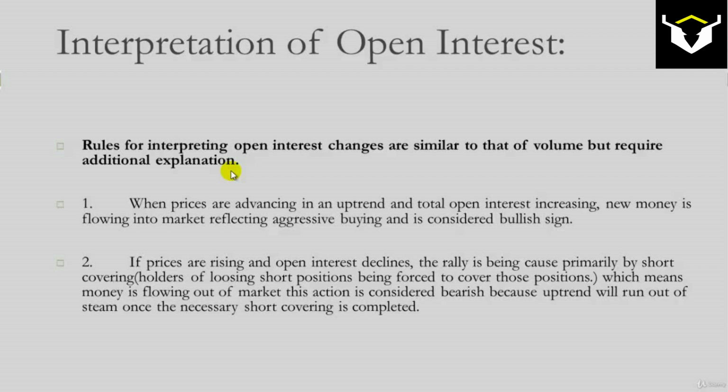When prices made a new high, total outstanding trade increased to 15 lakh. What does that mean? It means people have either A, bought new shares on newer highs, or B, sold more shares on newer highs.